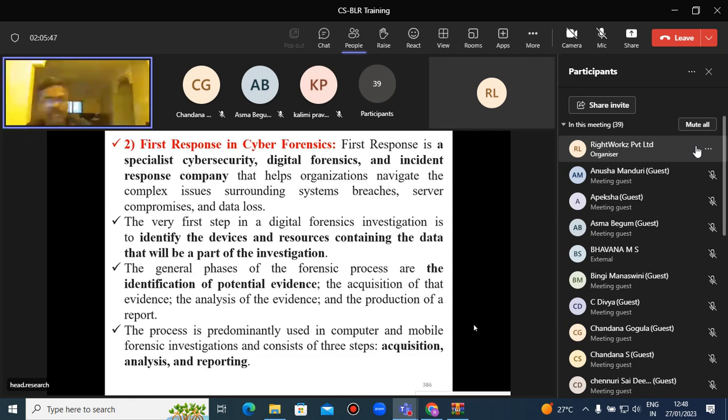The general phases of the forensic process are the identification of potential evidence and the production of information. The process is predominantly used in computer and mobile forensic investigations and consists of three steps: acquisition, analysis and reporting. So this is about the first response in cyber forensics.